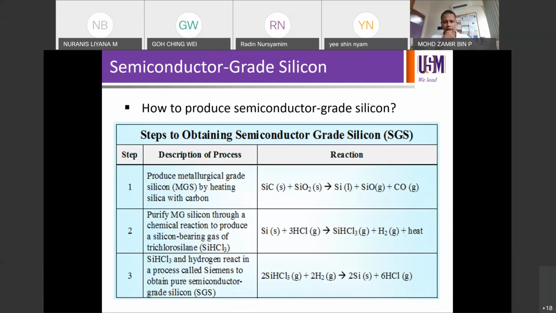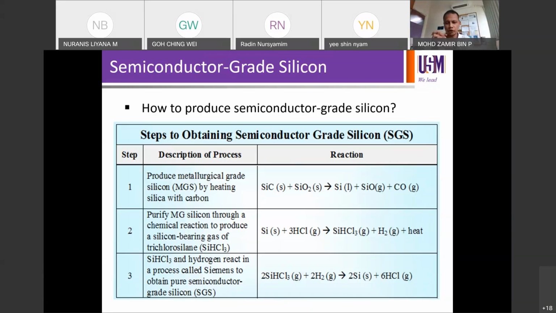So the MG silicon is going to go through a process with trichlorosilane. To produce trichlorosilane, it has to react with HCl. Then it will produce trichlorosilane, SiHCl3, and hydrogen, and heat due to the hot process. And then the trichlorosilane from the second process needs to be extracted and then used in the third step, which is called the Siemens process.